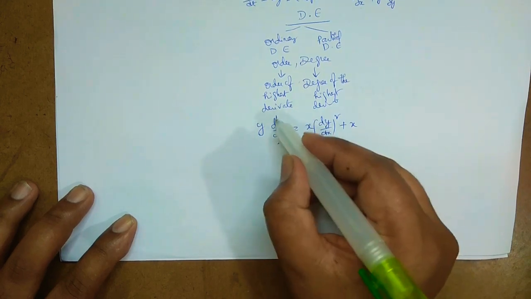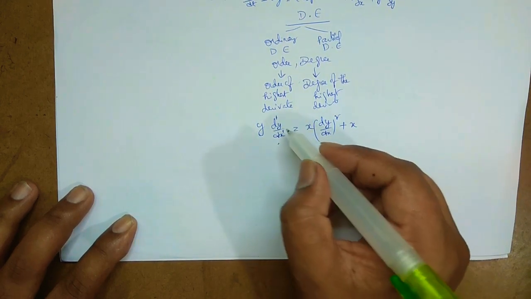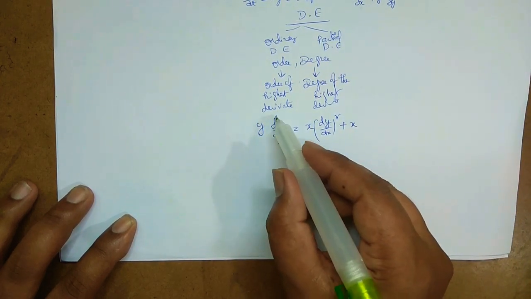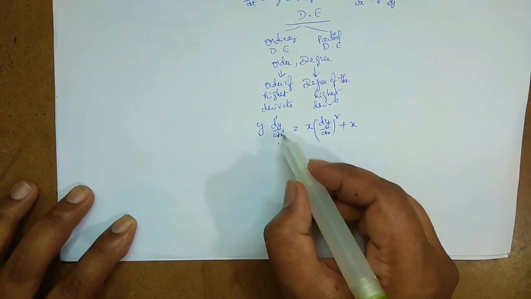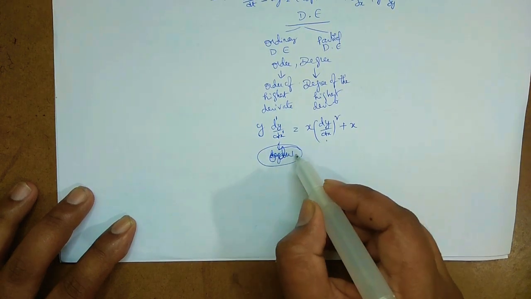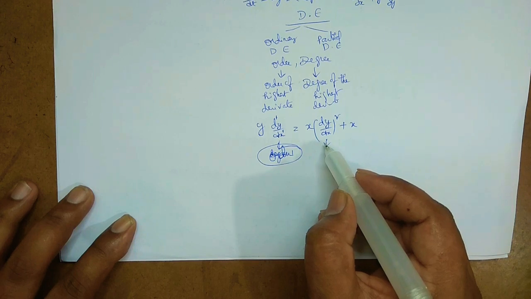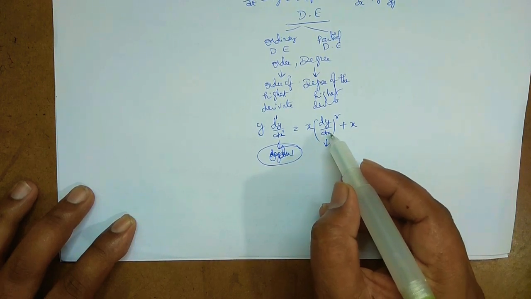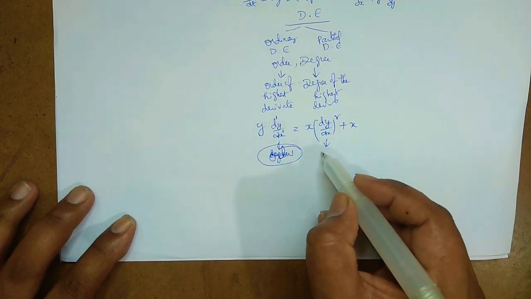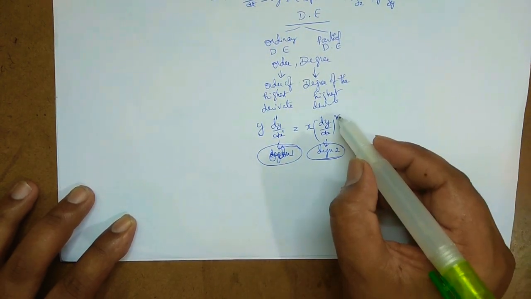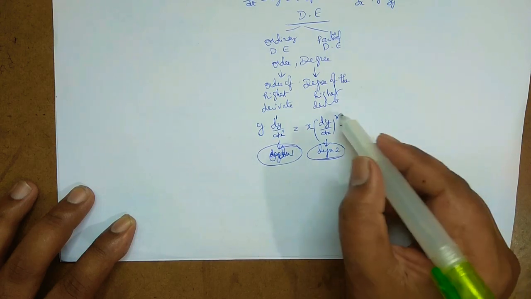If it is like d²y/dx², then we call it order 2. Here we only have dy/dx. So the order of the differential equation is 1, and the highest order derivative has a degree of 2. So we say that the degree is 2. If at all it is a cube, we say that the degree is 3.